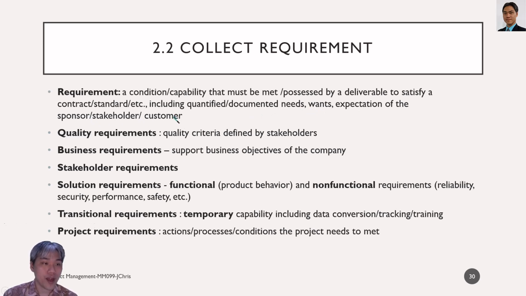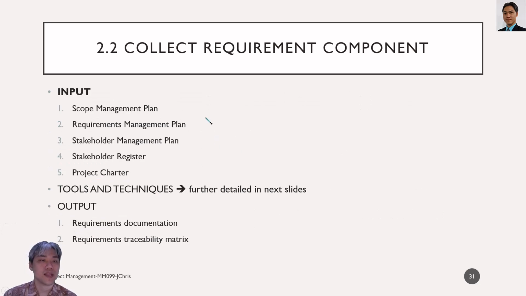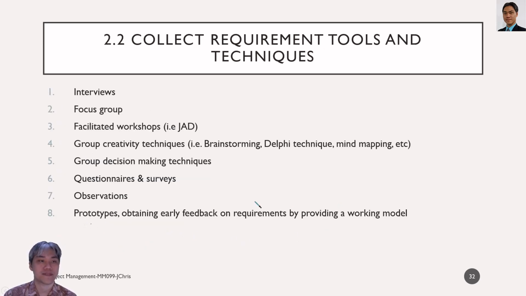So we are going to collect the quality requirements, business requirements, stakeholder requirements, solution requirements, transitional requirements, and the project requirements themselves. The inputs are the scope management plan, requirements management plan, stakeholder management plan, stakeholder register, and project charter. Tools and techniques will be detailed in the next slide. The outputs are requirements documentation and the requirements traceability matrix.